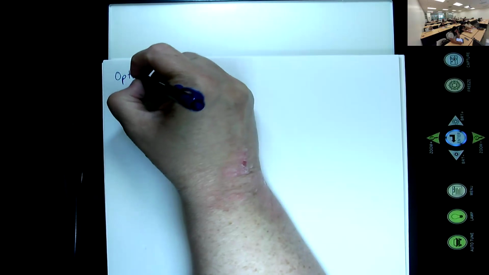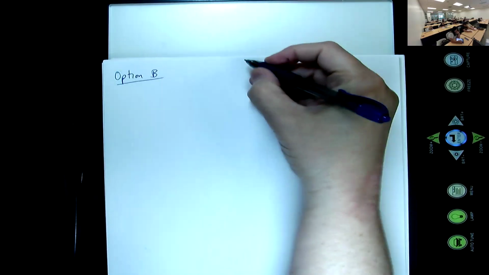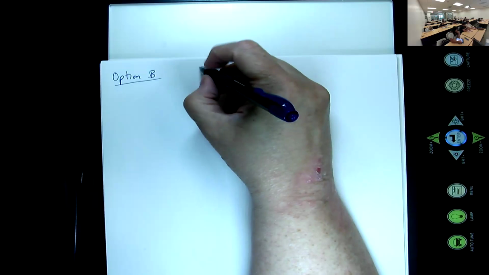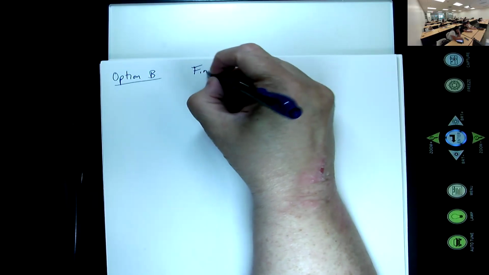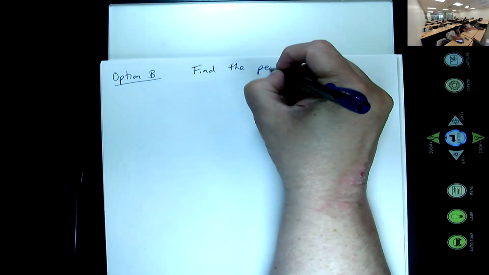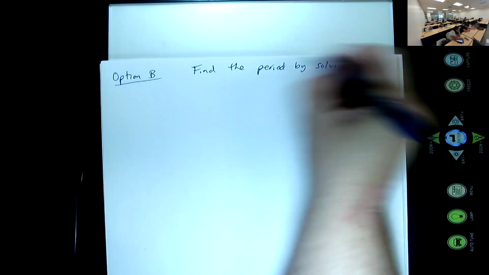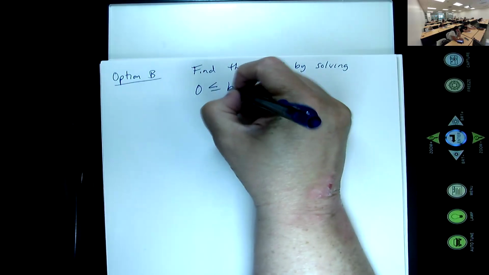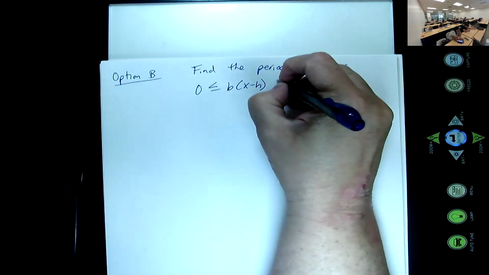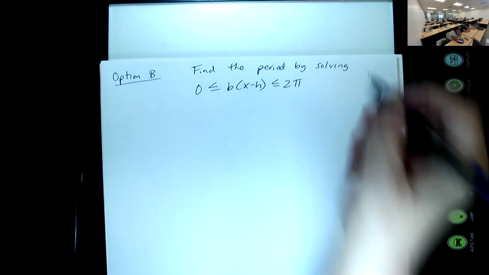So for option 2, find the period by solving 0 is less than B times X minus H, which is less than 2 pi.